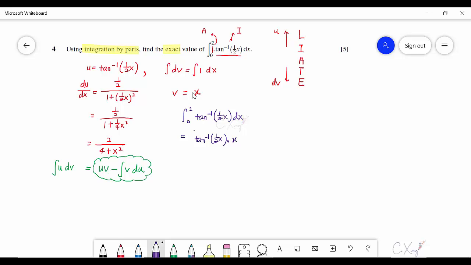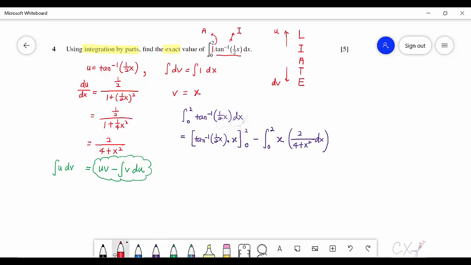Because this is a definite integral, you have to put in the limit for the first part here, the uv, then minus the integration of the same limit of v du. Again, this is your v, which is the x, and then how to get the du. From here you can see that du dx is equal to this one, and therefore du will be 2 over 4 plus x squared dx.